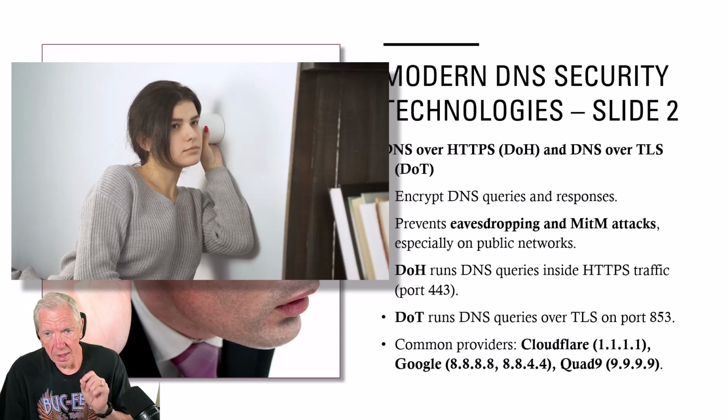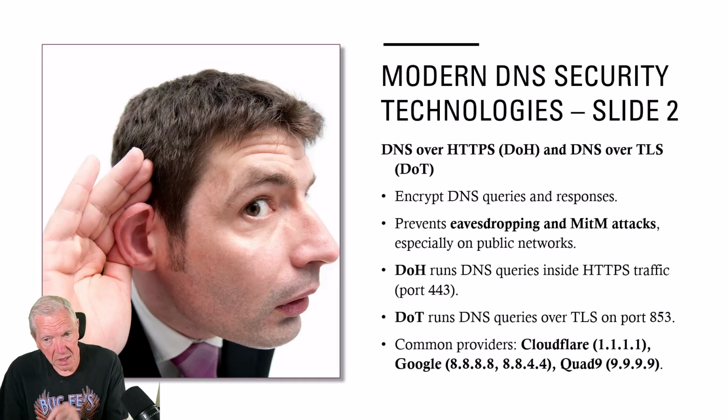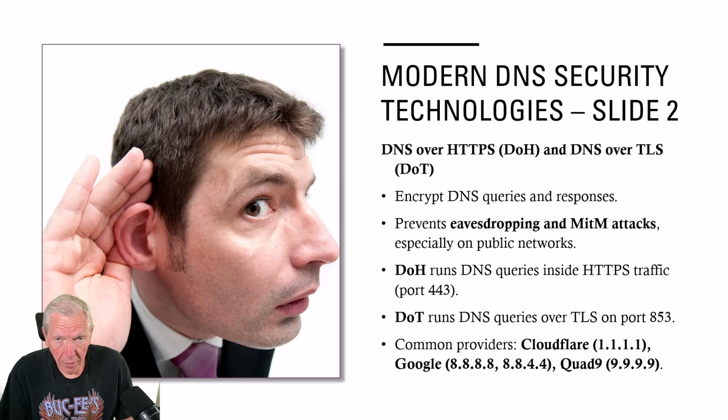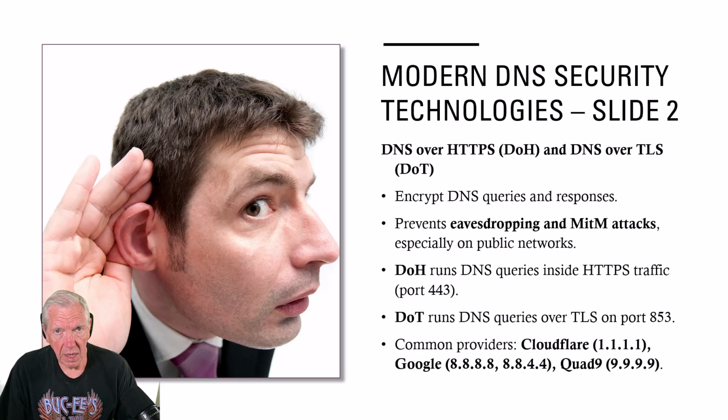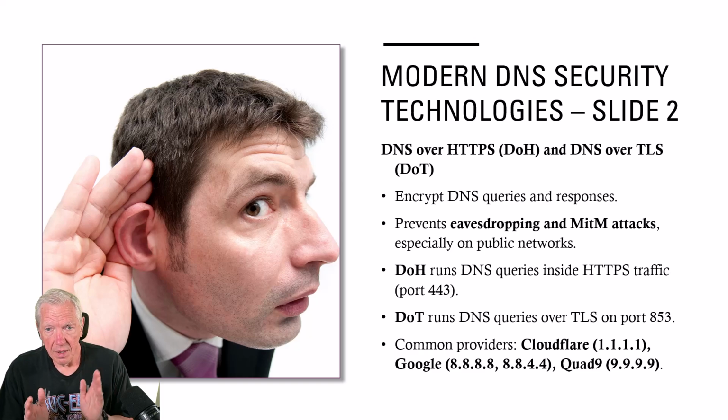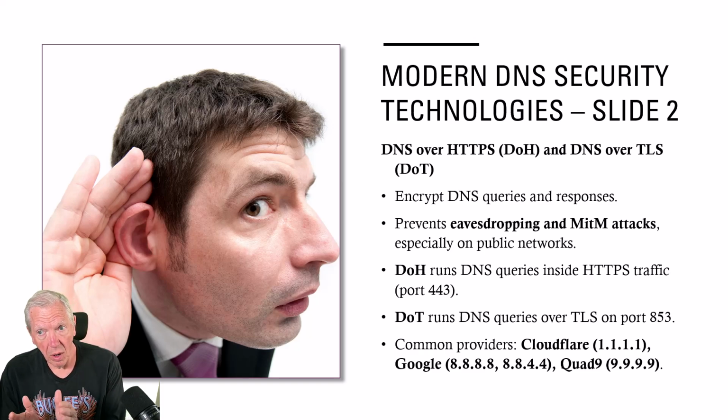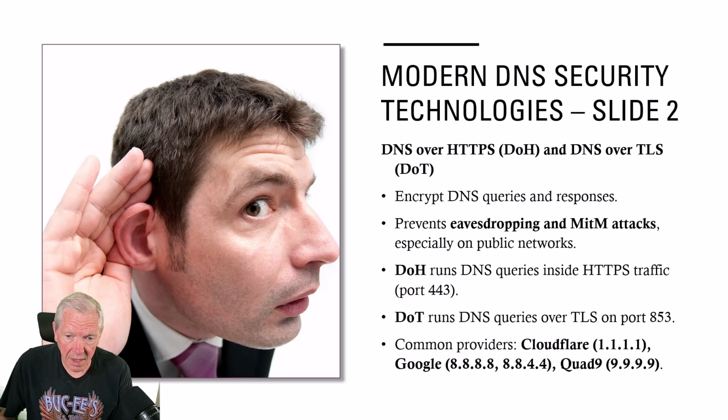DOH, or DNS over HTTPS, runs on port 443. Why is that? Well, because HTTPS natively uses port 443. So the DNS queries running DOH run on port 443. Now, the main thing to keep in mind, DNSSEC does not encrypt the actual query. DNS over HTTPS or DNS over TLS does do that.